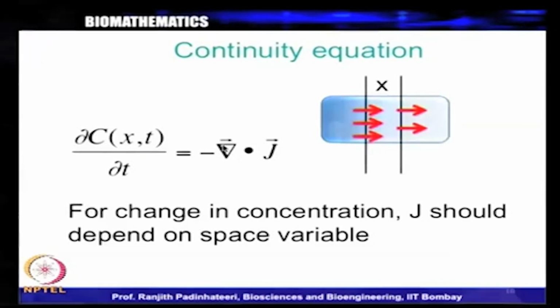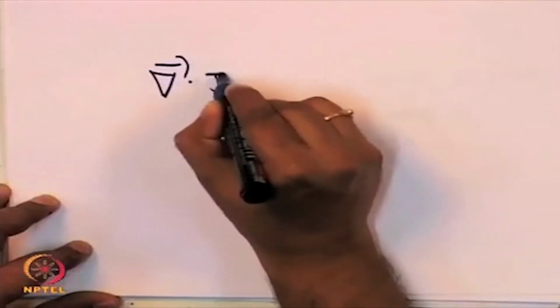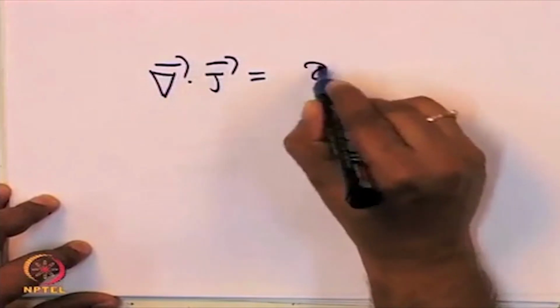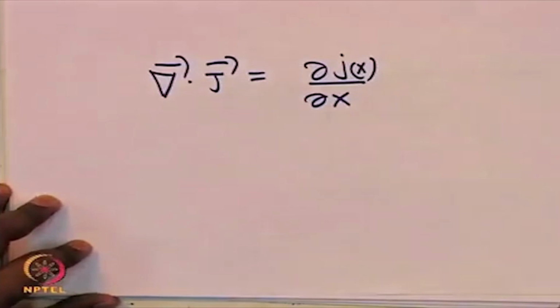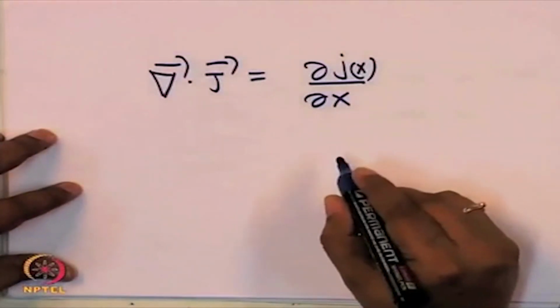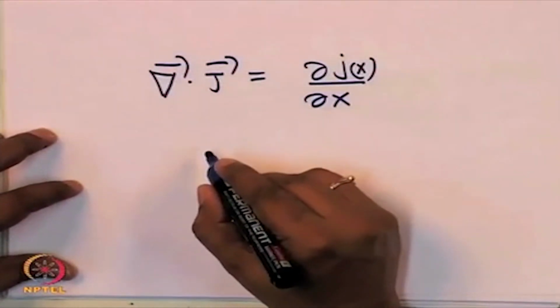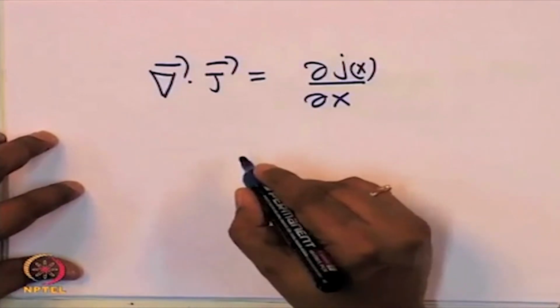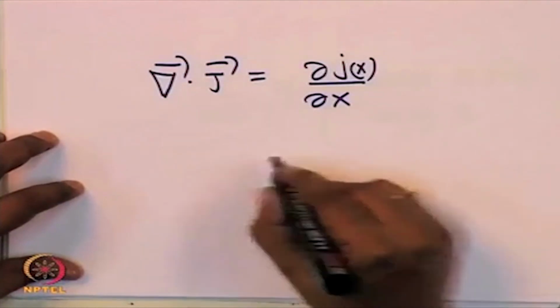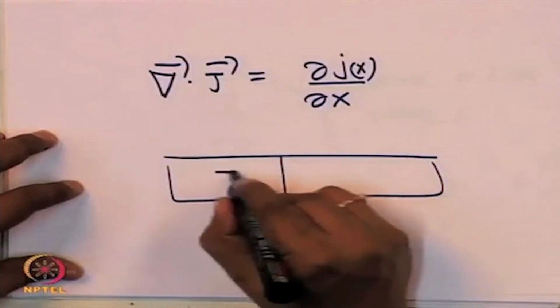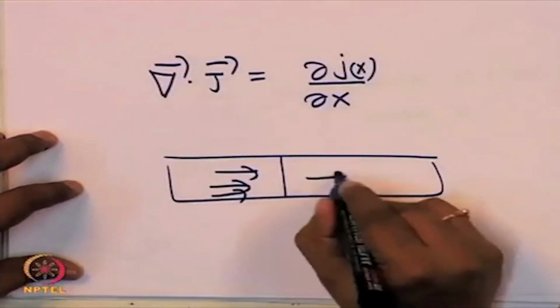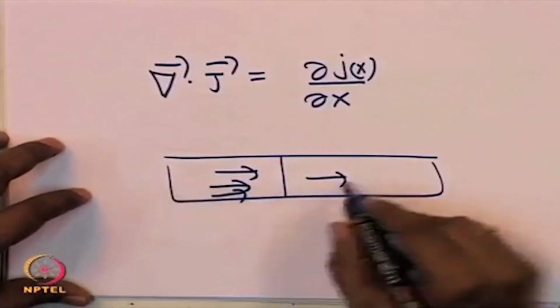So, as we just saw a few minutes ago, the del dot j can be written as del j by del x, where j is some current. So, let us imagine that j is some particular function. If we imagine such a tube again, let us imagine that at this particular point more things are flowing in and less things are flowing out.